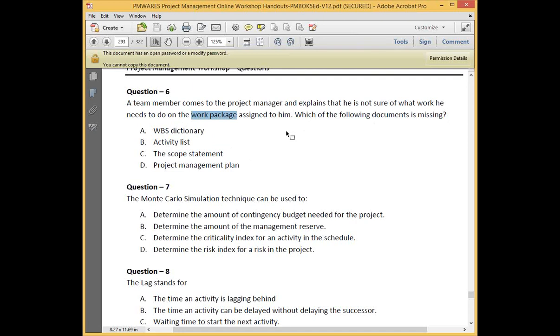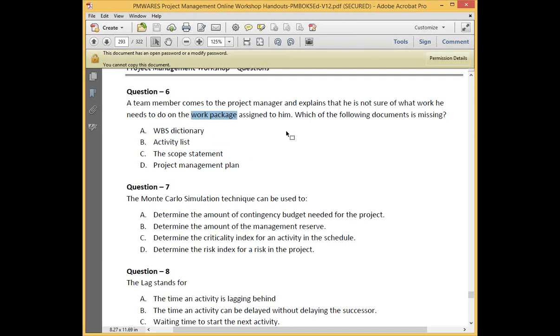Now, this is actually basically a scope question which is put into time management questions. So it creates a confusion about whether the WBS dictionary, which is not in time management, should be chosen or not.